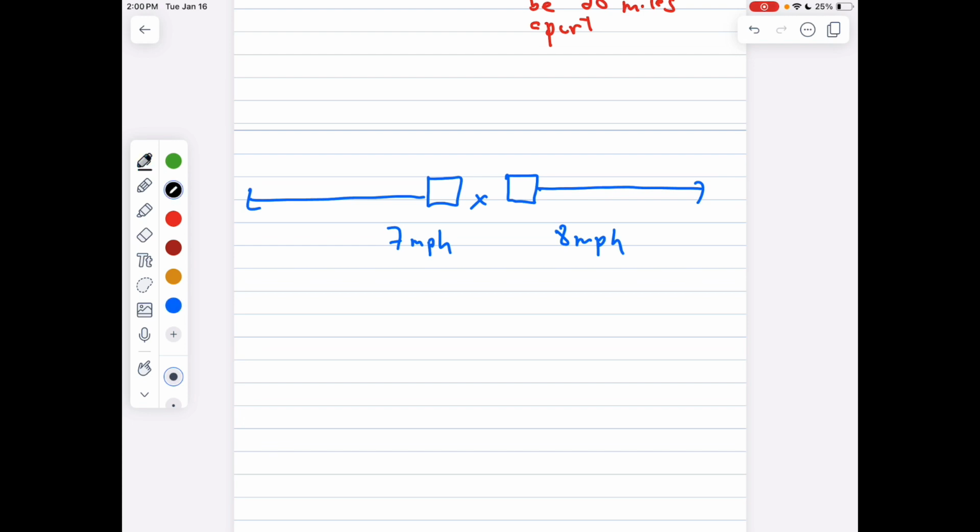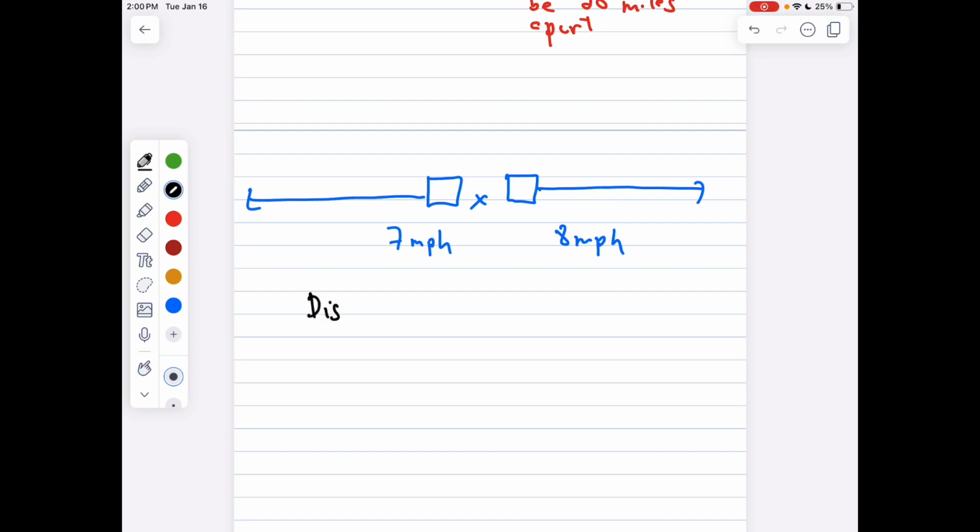So again, if you need to, pause this video and think about what I just said. We want to use the fact that we're looking for the time it takes for the two cyclists, two people, to be 20 miles apart. And the way that happens is that you add their distances.